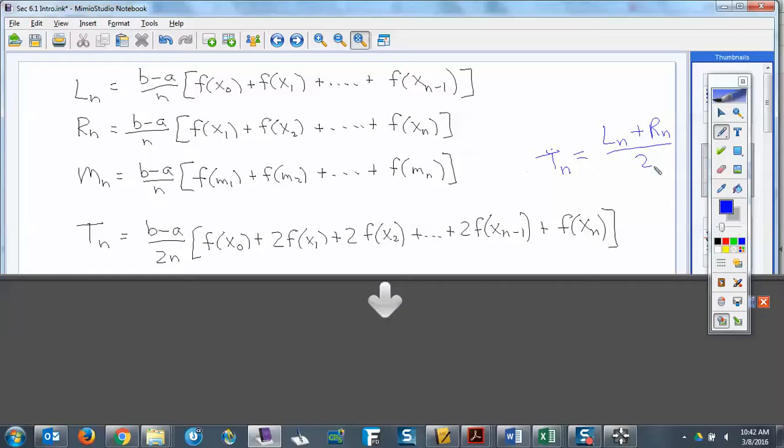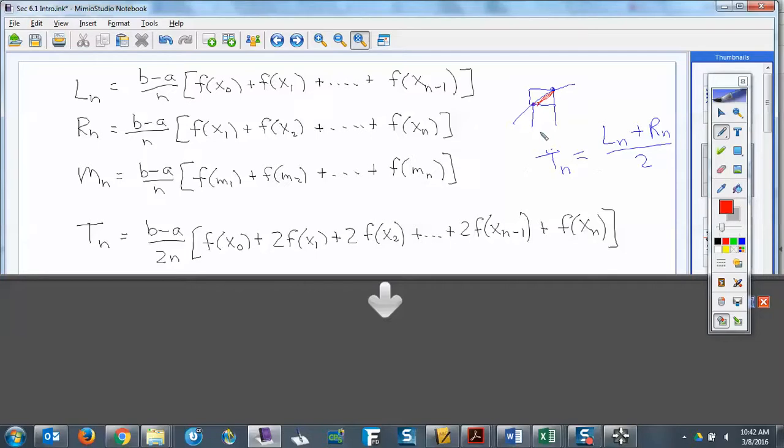It really is. Now, it kind of makes sense that that's what you get, because if you think of a curve, and if you look at the left rectangle, it'd be that. If you look at a right rectangle, it would be that. And where would the trapezoid be? Right there? Doesn't it look like that would just be an average of those two? And that's exactly what it is.